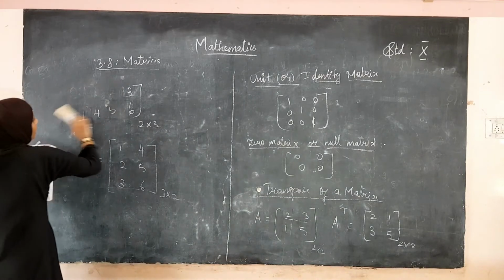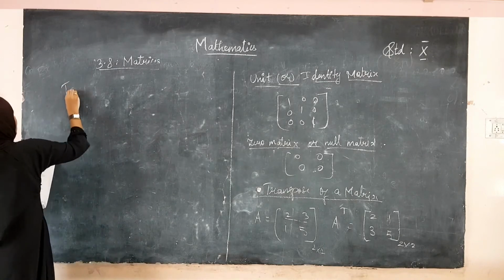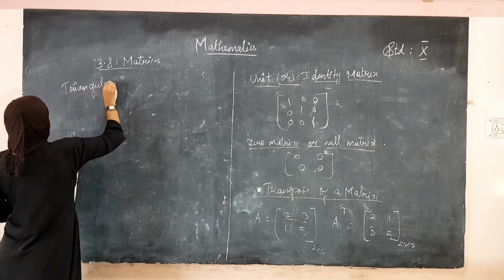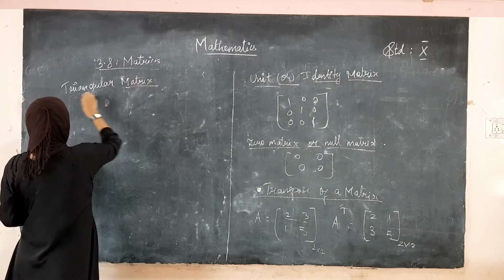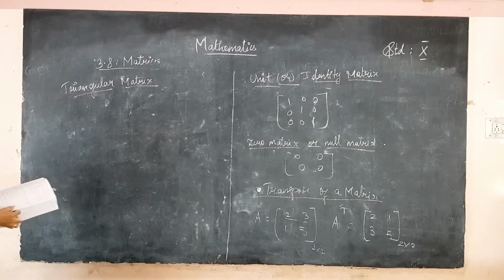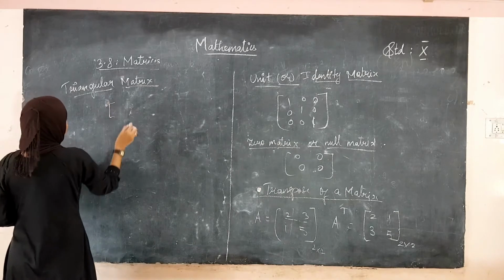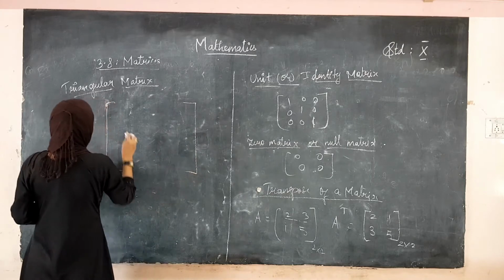Next we are going to see the triangular matrix. What is a triangular matrix? A square matrix in which all the entries above the leading diagonal are zeros is called a lower triangular matrix. See here, they are speaking about a square matrix.